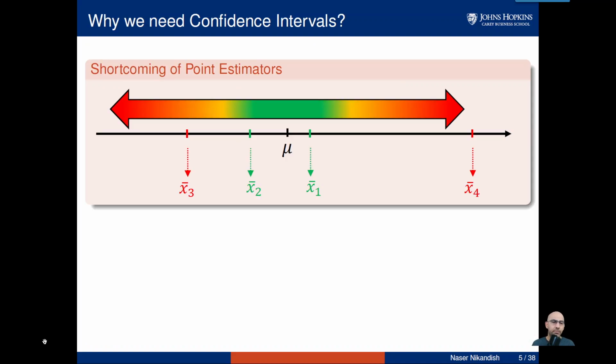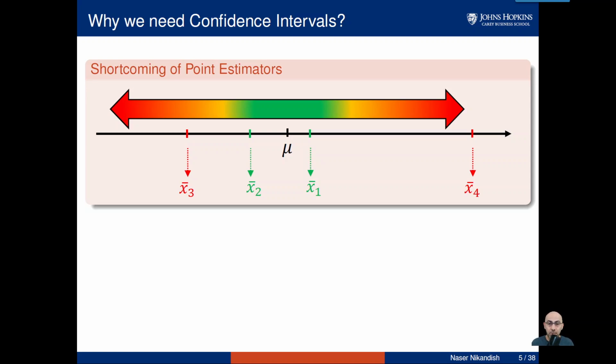Now, let's talk a little bit about the shortcomings of point estimators. Say the unknown parameter of the population is mu, and you take samples; these are x bars from different samples. X bar 1 and x bar 2 could be close to mu. Again, we don't know the value of mu, right? But they are close to mu, so they are good.